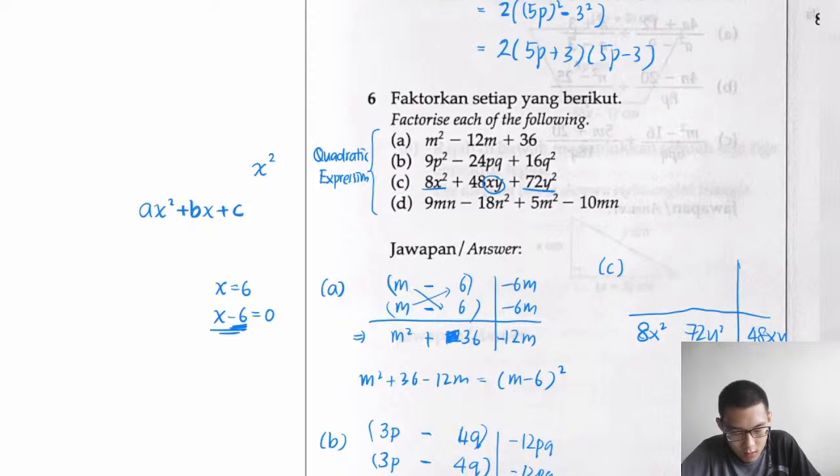Okay, so I choose 2 times, maybe 2 times 4, no, 2 times 36. If 2 times 36, let's see how we can use it. Cannot, 2 times 36 is quite too big. So we try to use 4 times 18, 4 times 2.